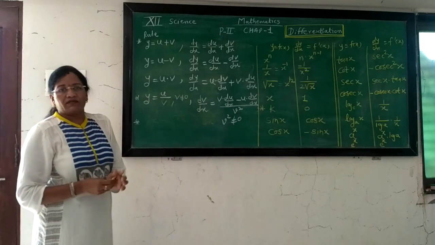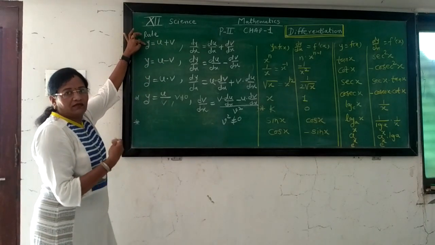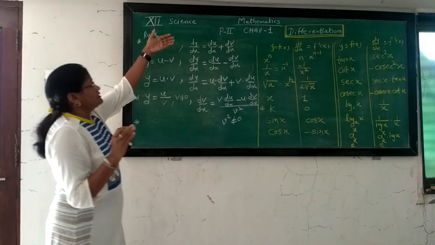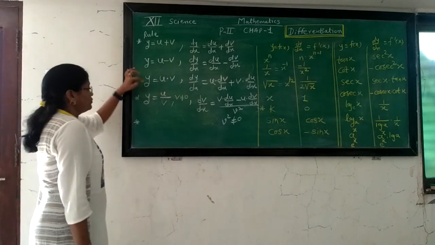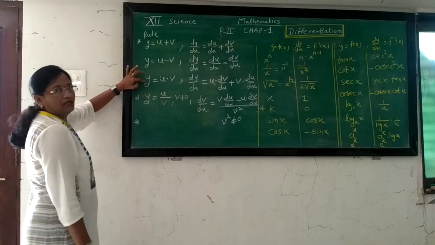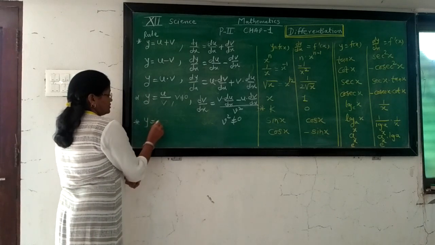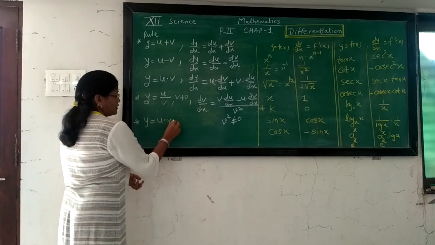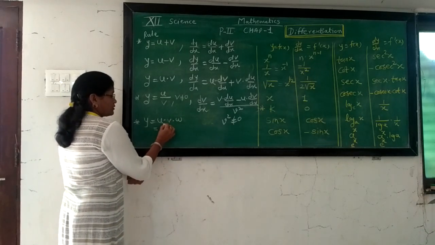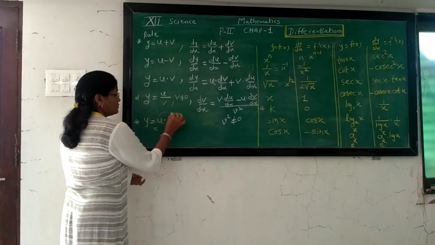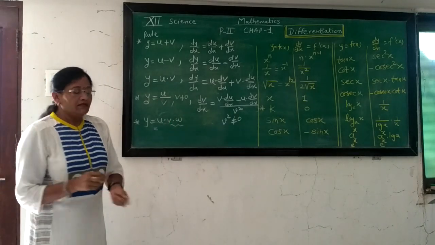Now some corollaries. If y can be expressed as sum of n functions, the derivative can be expressed as sum of the derivatives of n functions. The only change is for the product rule. If y can be expressed as product of three functions u into v into w, at that time we take the product of two successive terms multiplying the derivative of the remaining third function.